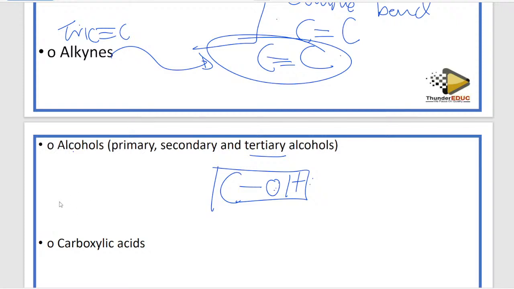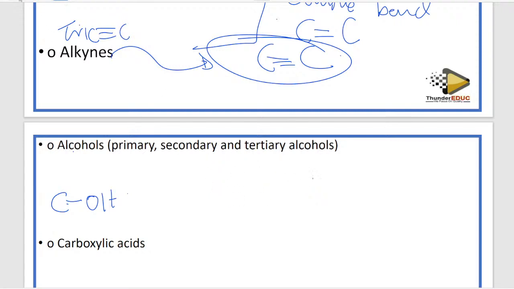So what does it mean? Here in this case, the alcohol is attached to one carbon atom, like that. While in secondary alcohol, you will find out that the OH is attached to 2. This side you have a carbon atom and this side you have a carbon atom, meaning that this one is in the middle.